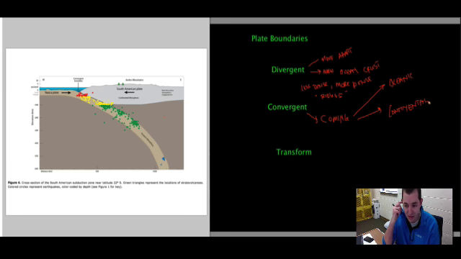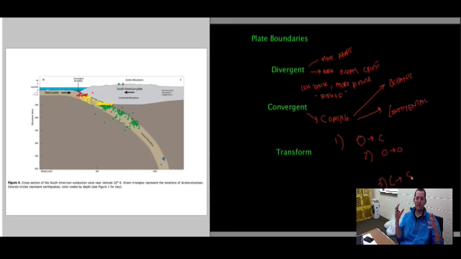Okay, and that gives us three types of convergent boundaries. We can have ocean to continental, we can have ocean to ocean, and we can also have the last option, continental to continental.